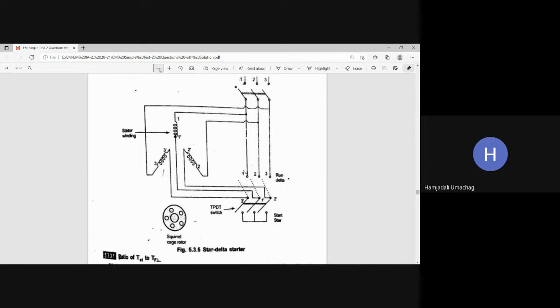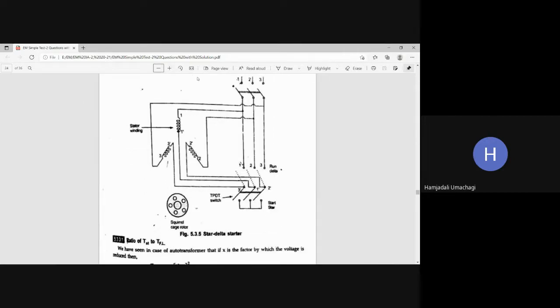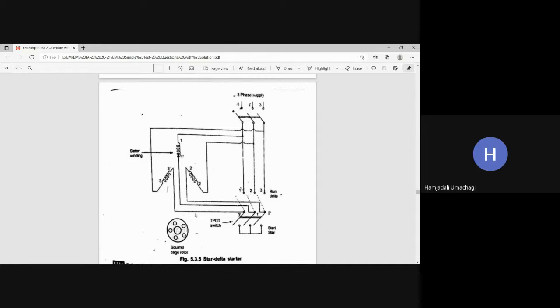So this is the circuit diagram for star delta starter, where you can observe this is the squirrel cage rotor, and these are the induction motor stator winding, and this is the rotor part. And to this stator we are going to connect the star delta starter. So the stator windings are connected with the star delta starter.